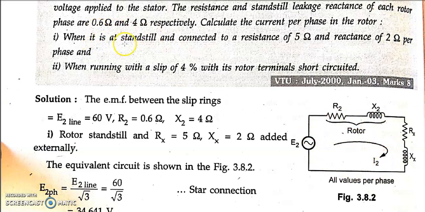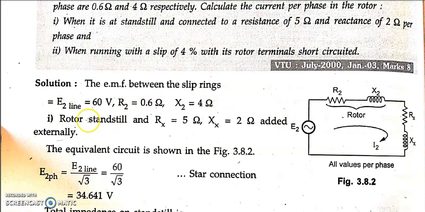Because it is clearly told you are supposed to calculate the current per phase at standstill. So it is not I2R, it is just I2. If it were a running condition, I would have written it as I2R, and this would be X2R. Since the case is for standstill, I shall go with the problem. So Rx is 5 ohm, whereas Xx is 2 ohm.